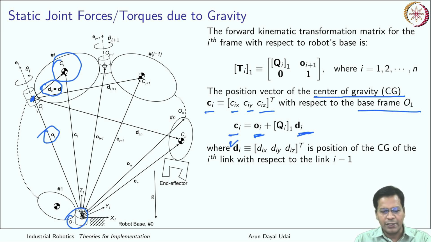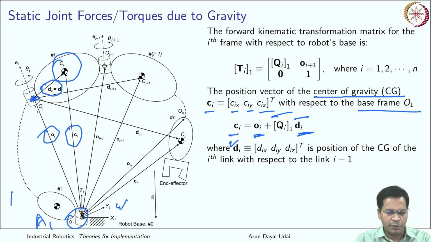But this is in frame Oi. In order to create this vector triangle, all the vectors should be in the same frame. I prefer putting it in frame 1. So I have multiplied di by Qi, that is in frame 1. Qi is nothing but, as I said, the product of all the link transformation matrices till here.